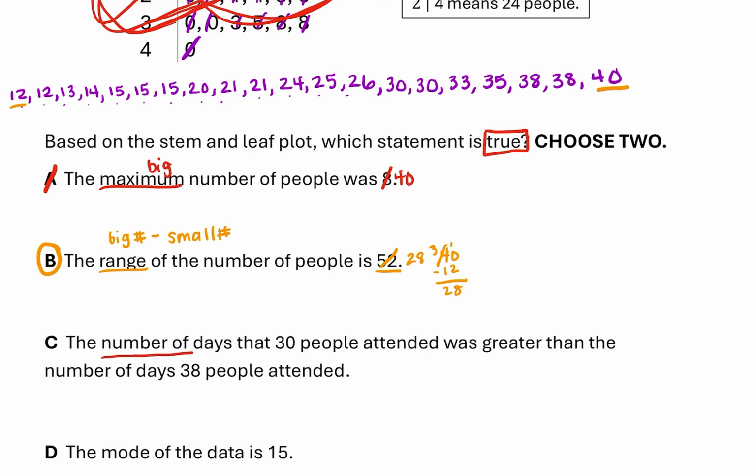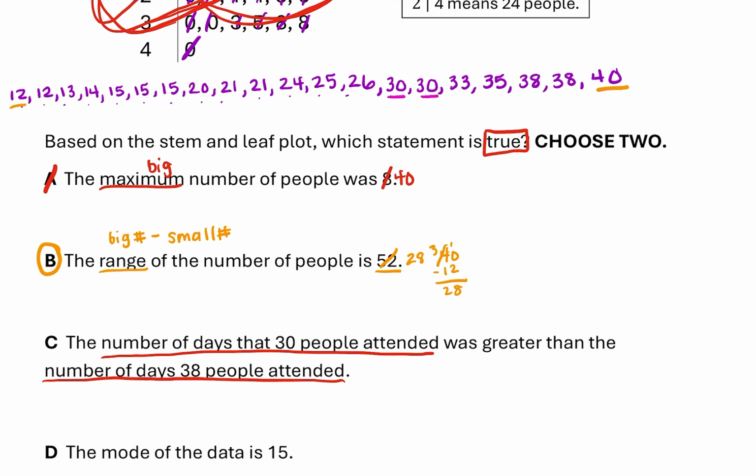Okay, C, the number of days that 30 people attended was greater than the number of days 38 people attended. So we're going to have to go through and actually kind of count this. So I need the number of days that 30 people attended. So how many 30s do we have? Because the numbers are people. So how many 30s are there?